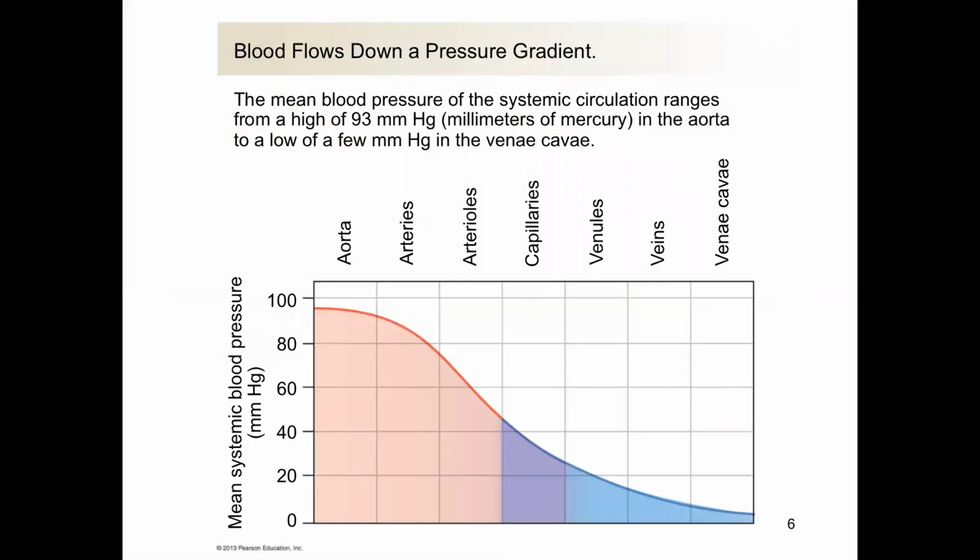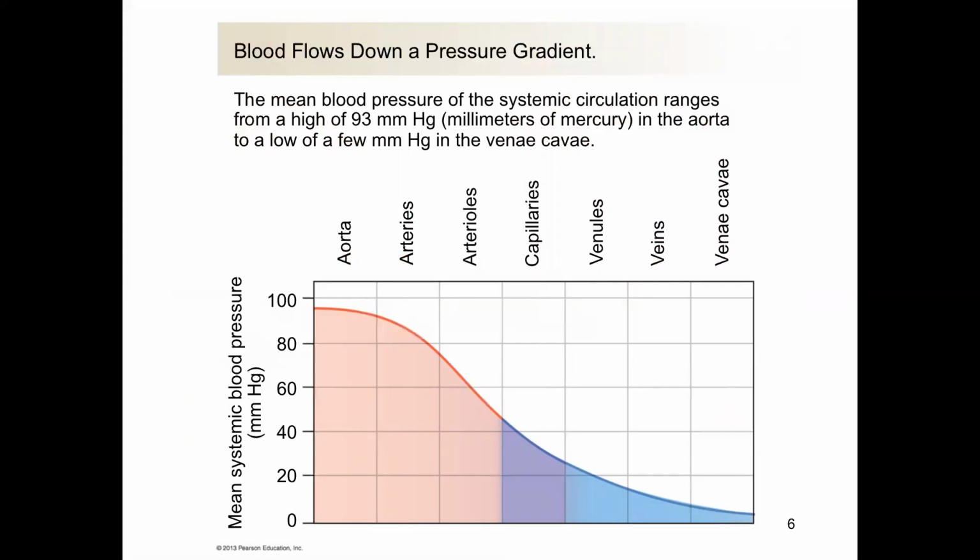Now, the next thing is to think about this pressure gradient. And I don't think it's surprising to you that the highest pressure is where we have the blood leaving the heart, so at the aorta. And as we go further and further from the heart, the pressure gets less and less and less.